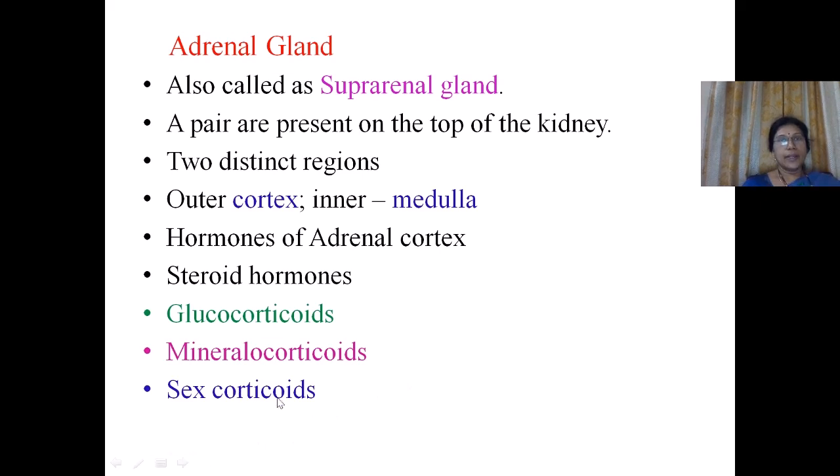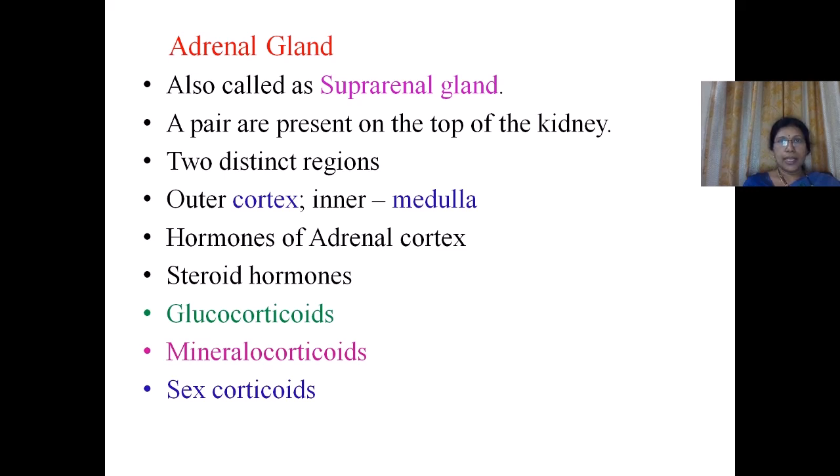The zona reticularis secretes hormones called androgens. They are also called sex corticoids as they help in the development of male secondary sexual characteristics. These androgens are secreted in small amounts both in males and females.